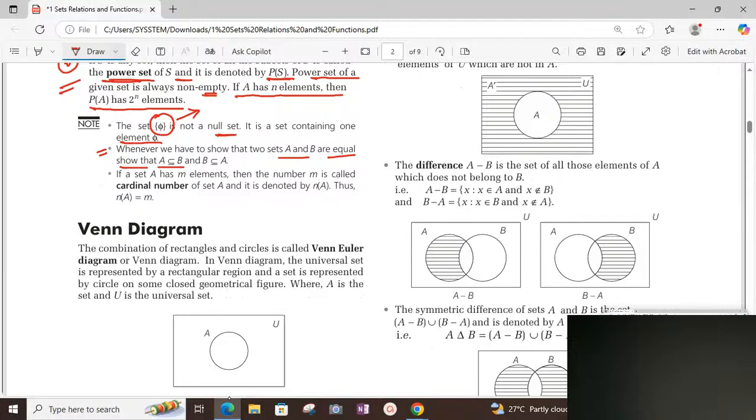If A is a subset of B and B is a subset of A, then sets A and B are equal. It means that they have the same number of elements.